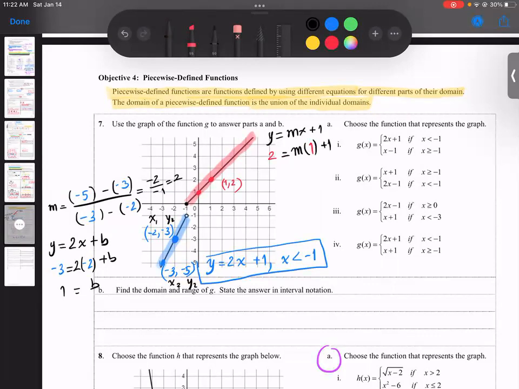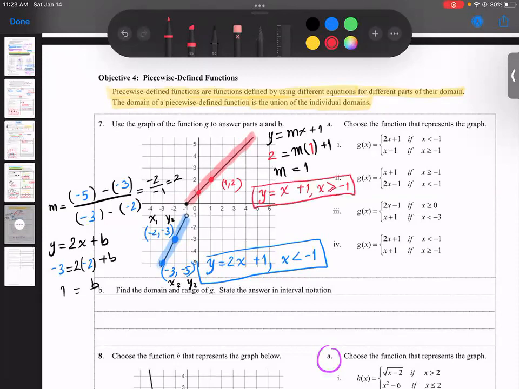So m is 1. So the final answer is y equals 1x, which is x plus 1. Again, we have to include the domain. For the red function, it starts from -1 moving forward, so anything after -1. x is greater than or equal to -1, and -1 is included. So that's my second function.